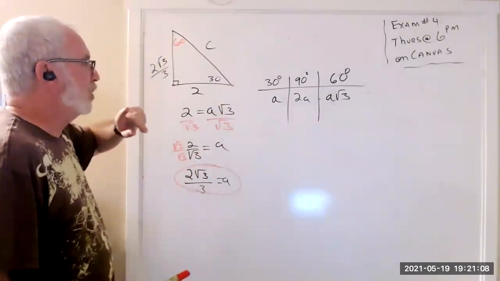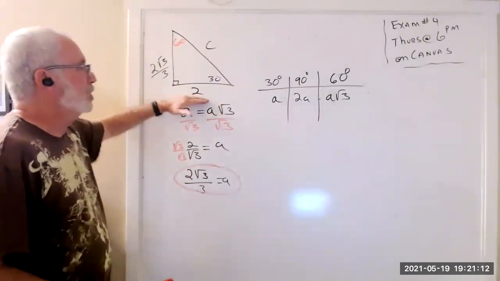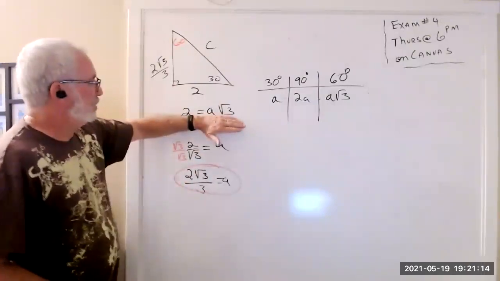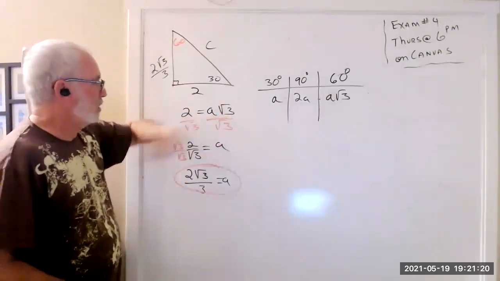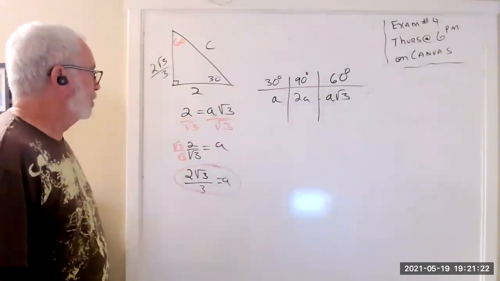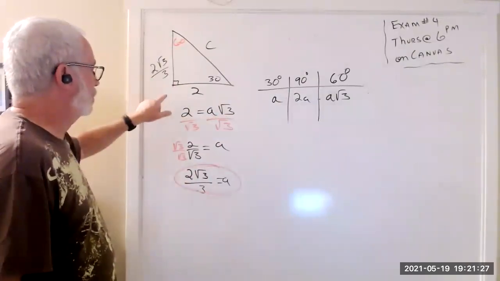So question, Carmen, before I finish off, did you understand how 2 is equal to that formula? Yes, you pretty much changed B into A radical 3 so that we could solve it, kind of. Kind of, yes.